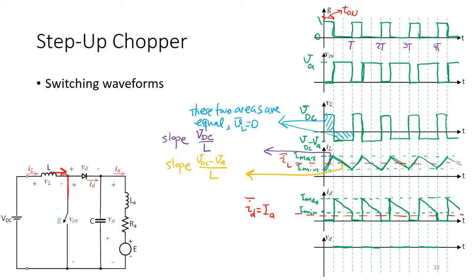So here we have this current. What is the voltage of the diode when the switch is on? Anyone?